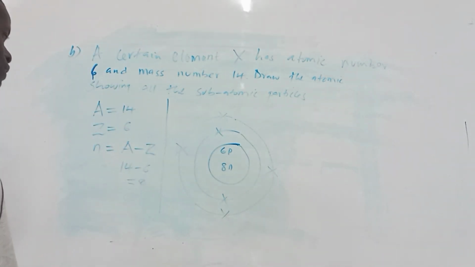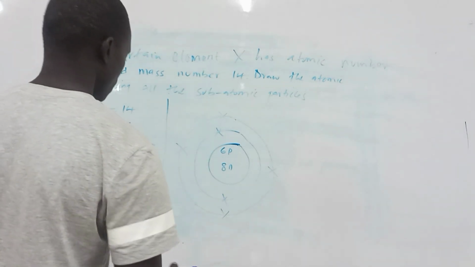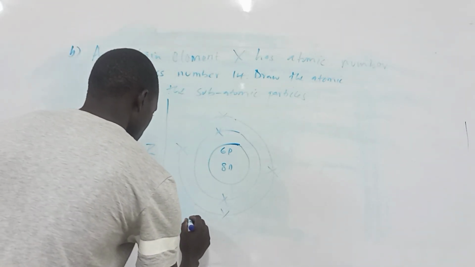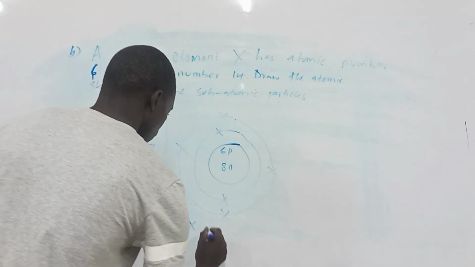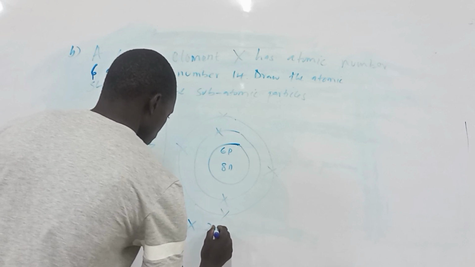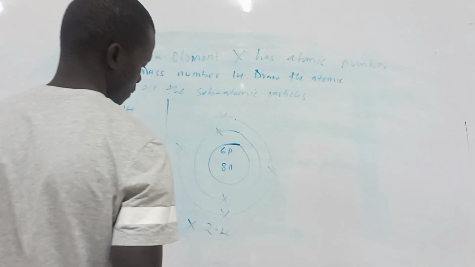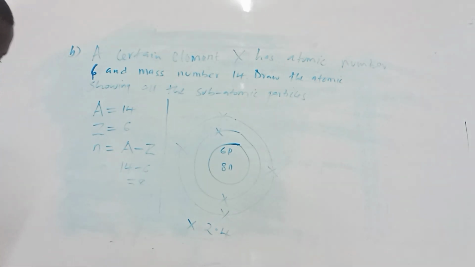That becomes our structure. Then we indicate that for this element X, the electron configuration is 2, 4. That's our element drawn with all the subatomic particles in it.